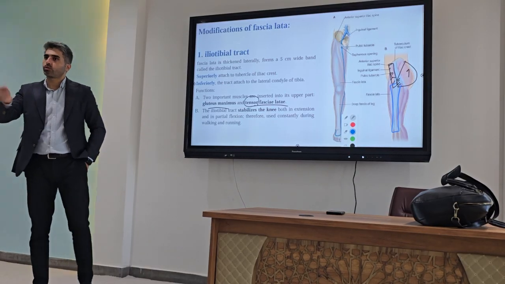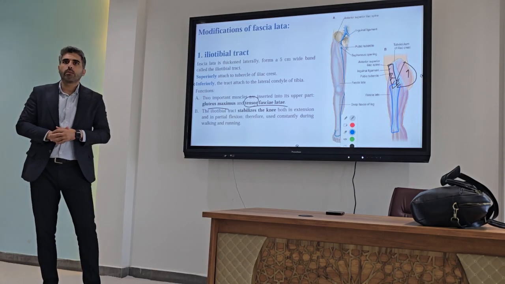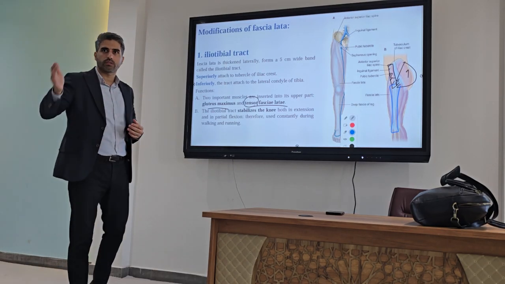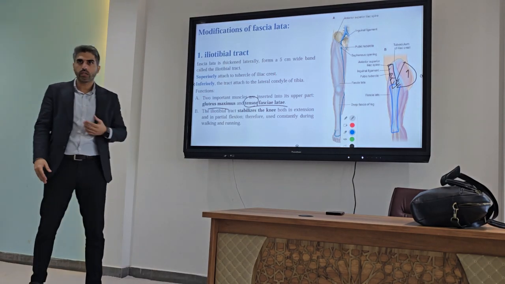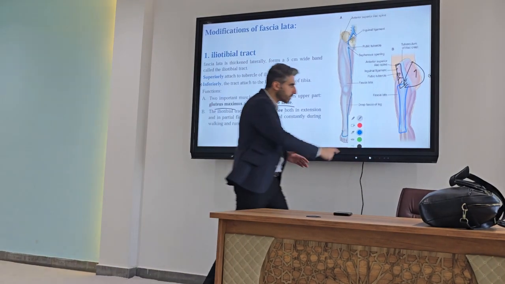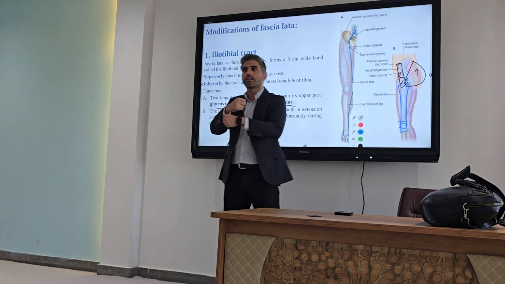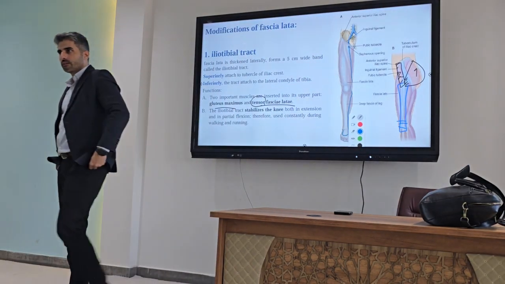So they should go to surgery to correct that, and it's a very bad injury. Maybe they need 6 months, 9 months of rest and recovery. So the function of this tract is to protect the knee from the lateral side against any bad displacement. Okay?